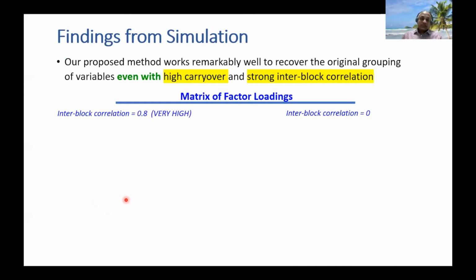Number 1, 0 interblock correlation, meaning the 3 blocks of DQs are independent in these simulated data sets. And number 2 is high interblock correlation, meaning the 3 blocks of DQs in the simulated data sets are highly correlated among themselves.